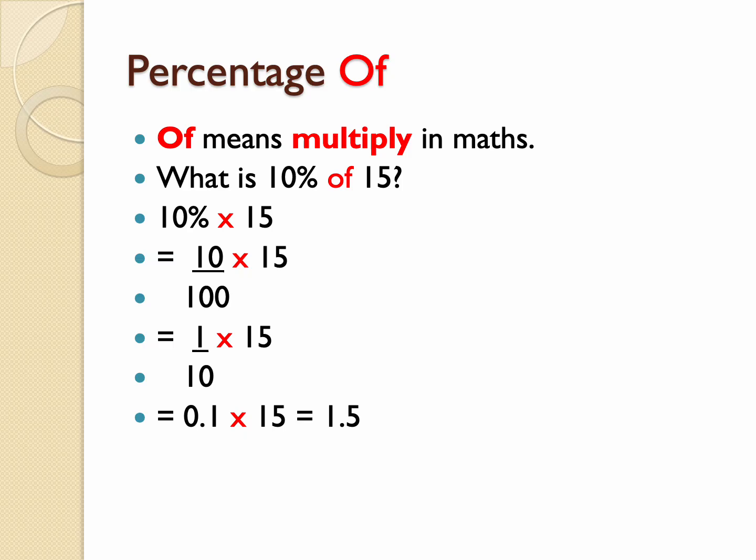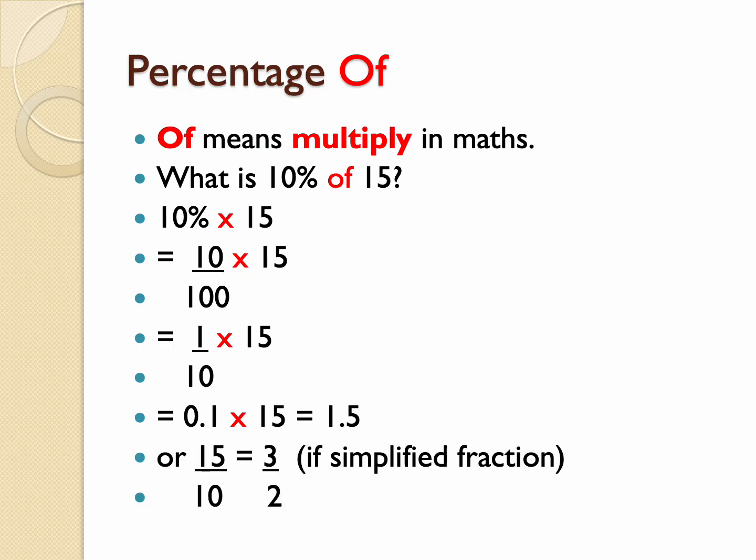But then we look back and see that it was actually 0.1 times 15, and in that whole expression there's only one digit behind the decimal point. So in the final answer we should also put one digit behind the decimal point. So our final answer is no longer 15, it turns out to be 1.5.